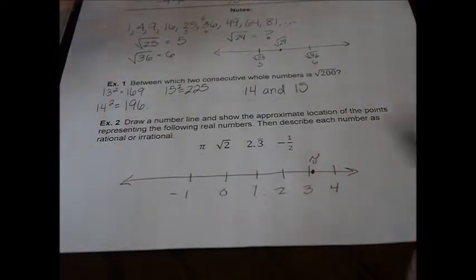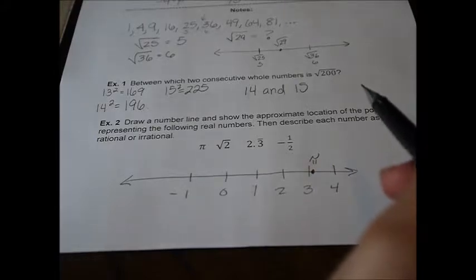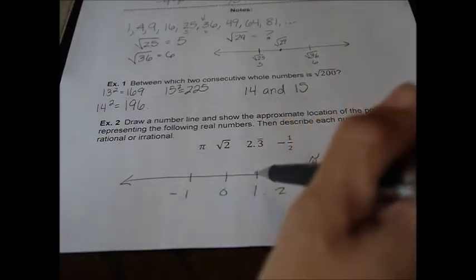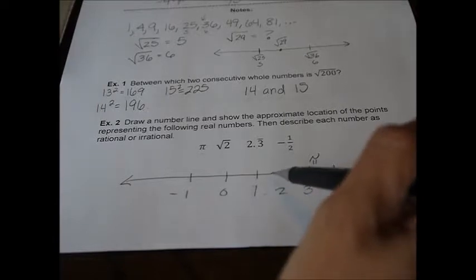Okay, and square root of 2. Now you're like, I don't have a calculator. What is the square root of 2? Well, the square root of 2 is going to be between the square root of 1 and the square root of 4, right? Square root of 1 is 1. Square root of 4 is 2. So the square root of 2 is somewhere in between here, isn't it?